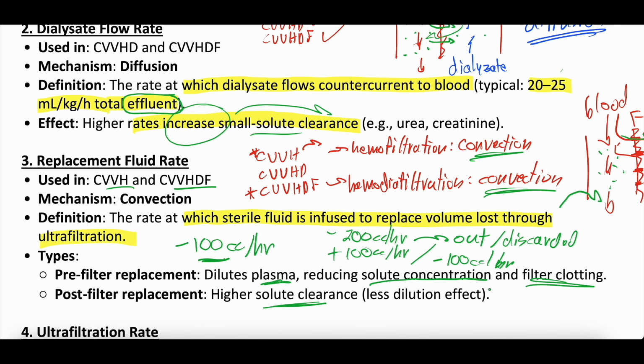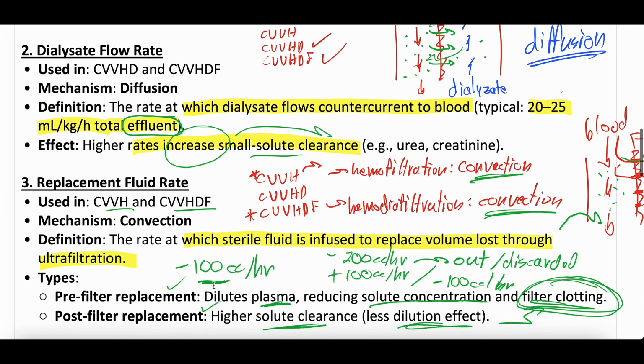So pre-filter, you dilute out the plasma, which reduces the solute concentration and reduces filter clogging. Post-filter, you have better solute clearance, but less dilutional effect and can get more filter clogging. So these are both within the dialysis machine, but you can do it pre or post-filter. So that's replacement fluid rate.